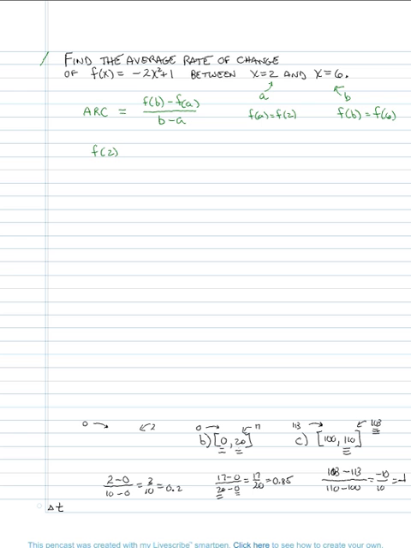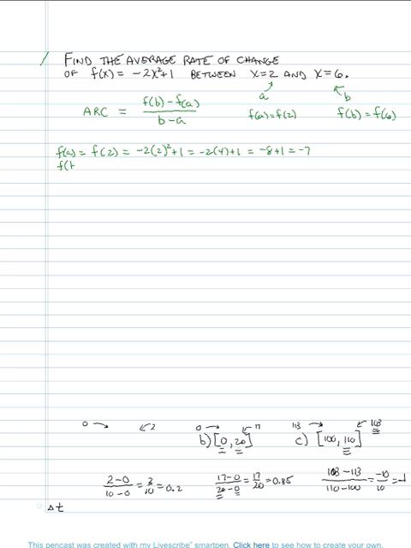That is the f of 2. And remember, that's f of a. And f of 2, well, what is that? That's negative 2 times 2 squared plus 1. That's negative 2 times 4 plus 1, or negative 8 plus 1, which is negative 7.